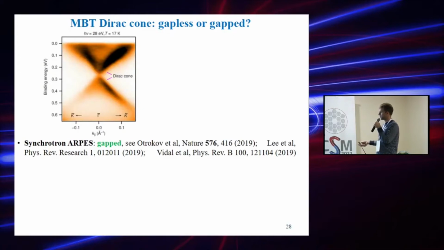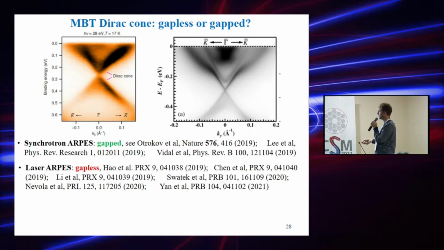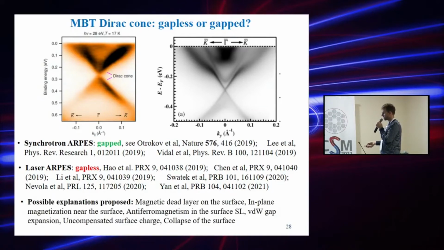First, synchrotron radiation ARPES studies reported a gapped cone, but the following laser ARPES, which gives you way better resolution, you can see that the image quality is much higher, reported on numerous occasions the gapless cone, which contradicts the theory completely. A number of possible explanations were proposed. From my point of view, none of them has sufficient basis.